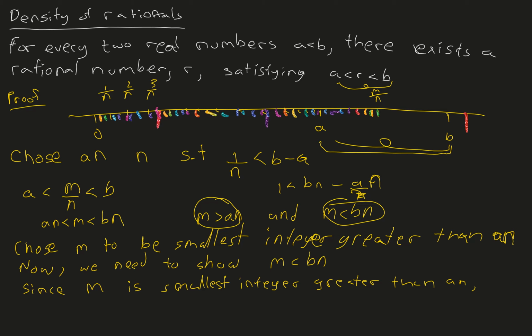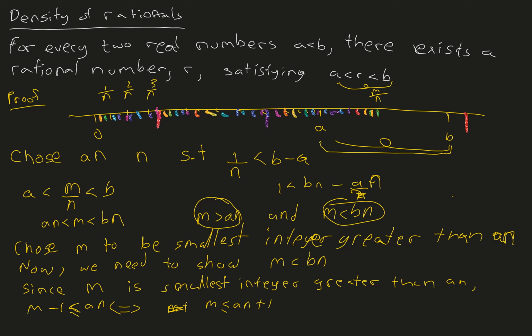then by subtracting 1 we get m minus 1 is less than or equal to an. For example, if an is 3.2 and we choose m to be 4, because that's the smallest integer greater than 3.2, then 4 minus 1 is of course less than or equal to an. So m is less than or equal to an plus 1.